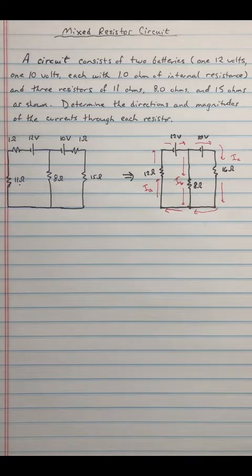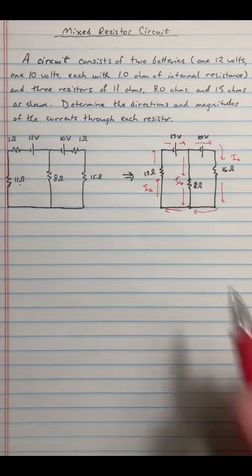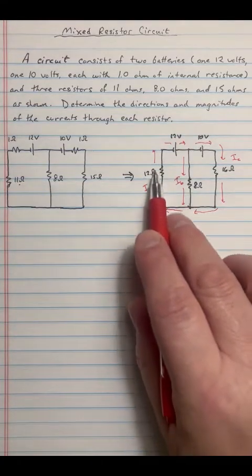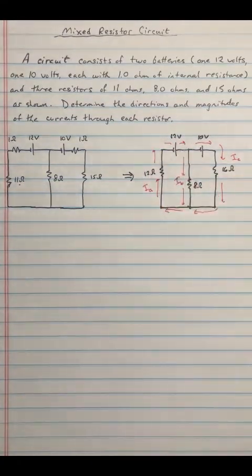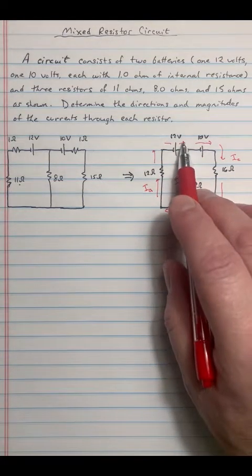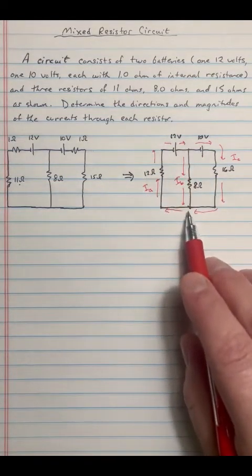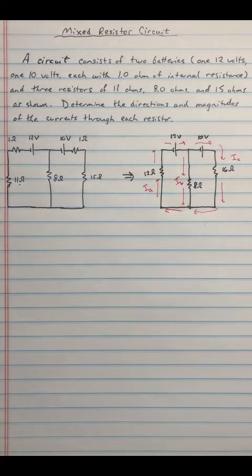Suppose I found a current of 1 amp. If it's a positive 1 amp, then that positive means that I've drawn the correct direction. If it turns out to be a negative sign, say a negative 1 amp, then the arrow really should be pointing this way and the current be flowing in that direction instead. So we don't have to worry about the amount. We do have to take a direction, though, as you'll see when I set up some equations to work this problem.